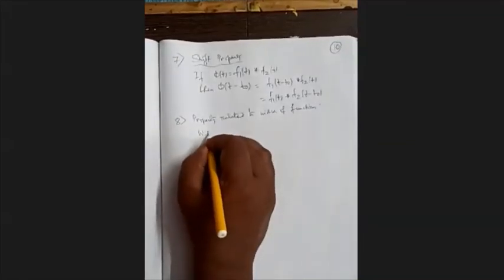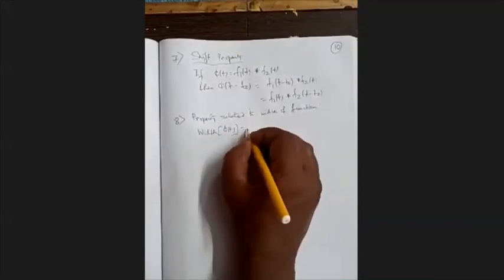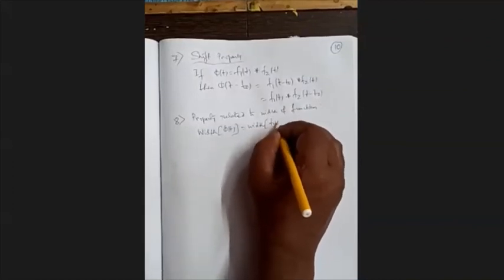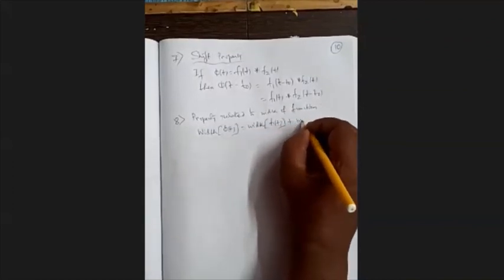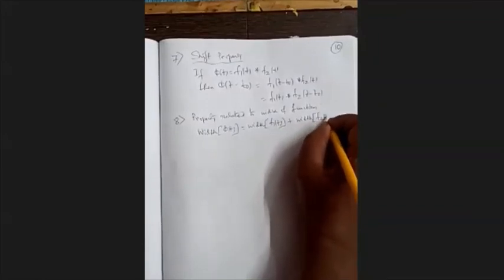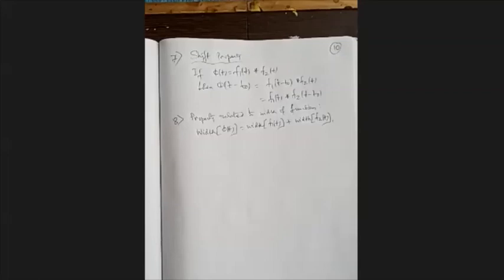Very shortly, previously I told you that the width of phi t is the sum of the widths of f1 t and f2 t. Yes, that's all about the various properties of convolution.